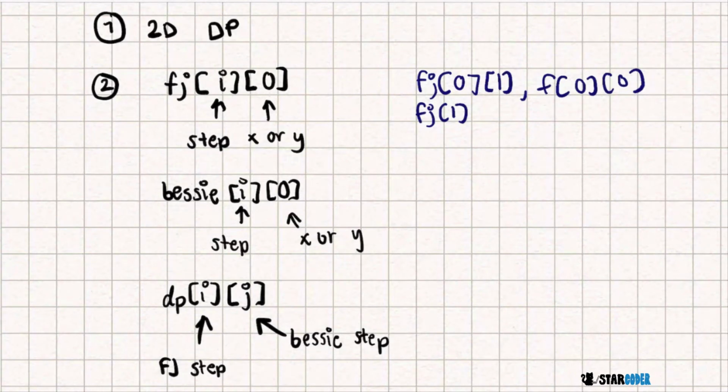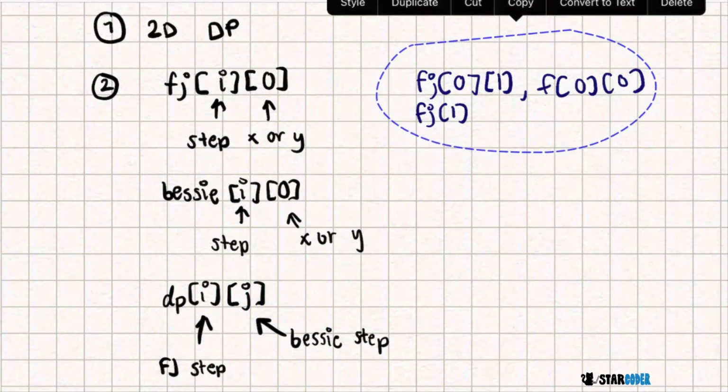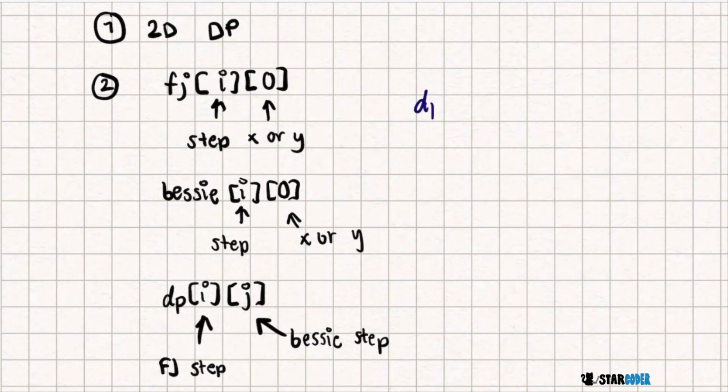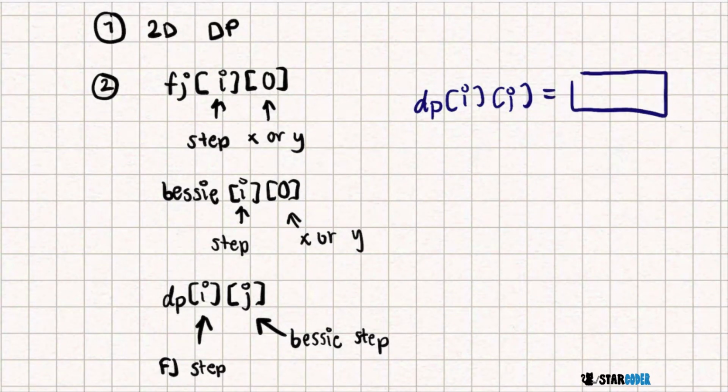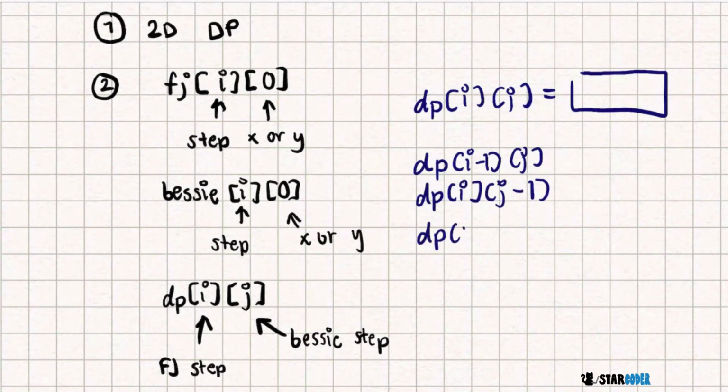So we're going to have dp i j, where we store the minimum amount of energy needed. In order to get the value of dp i j, we're going to find three main values: dp i minus 1, j; dp i, j minus 1; and finally dp i minus 1, j minus 1.